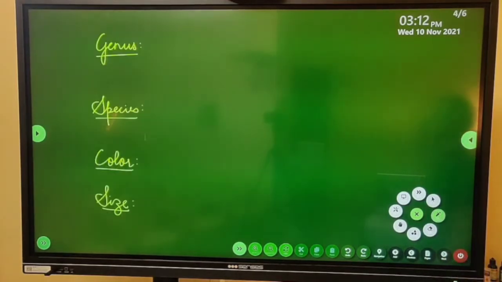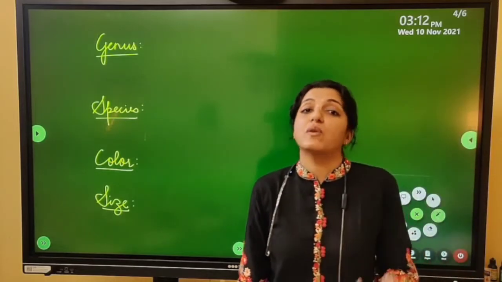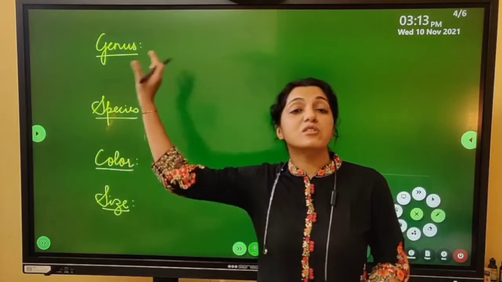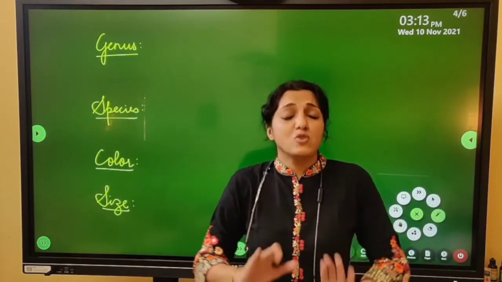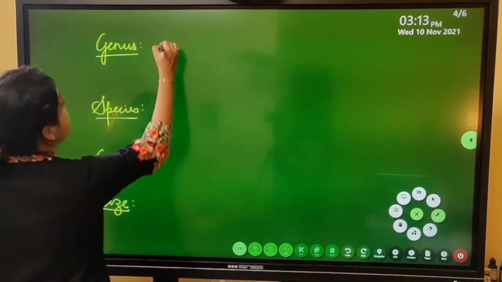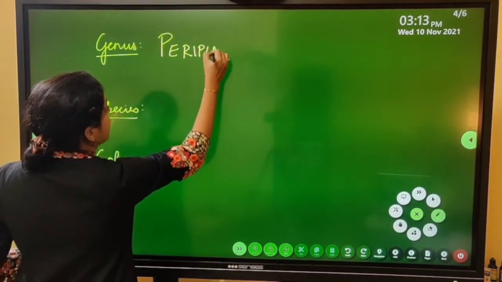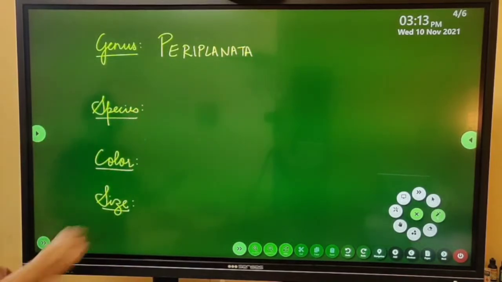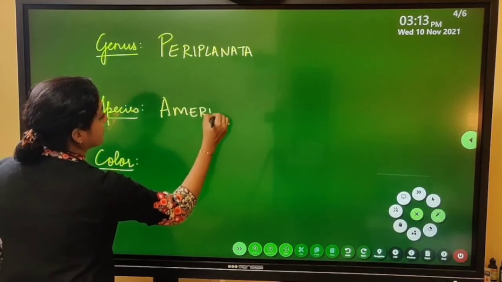Next, let us see the genus. Basically उसका scientific नाम क्या है? तो किसी भी species का scientific name, when we write it, has two components, the genus and the species. The most common species जो most widely देखने के लिए मिलती है: the genus is Periplaneta and the species is Americana.